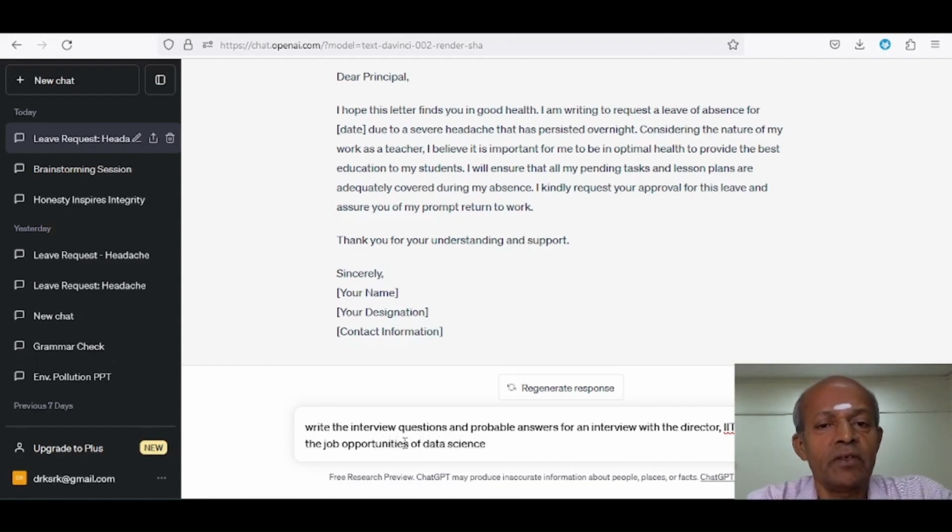So this is the prompt. You have told ChatGPT you want to take an interview, and it has to give the questions and the probable answers, and the interview topic is the job opportunities of data science.